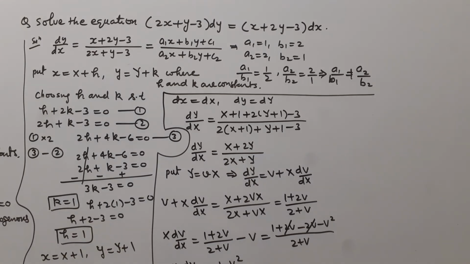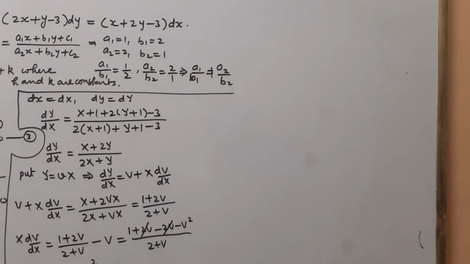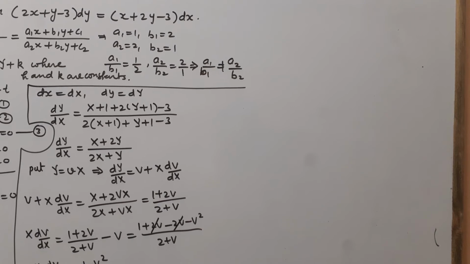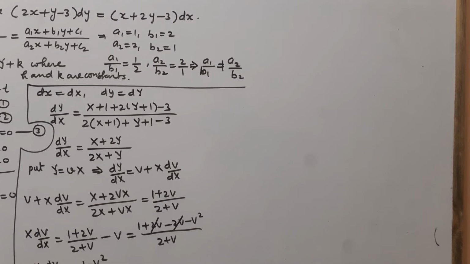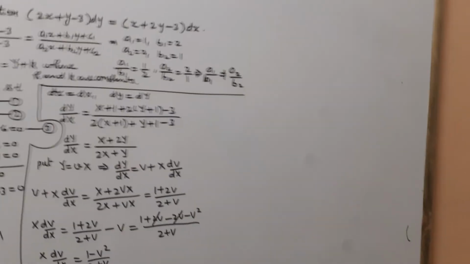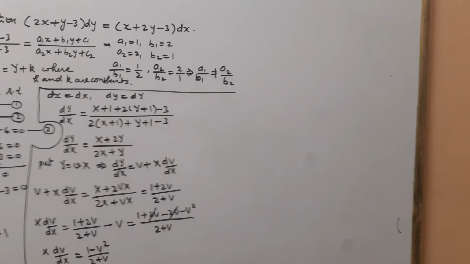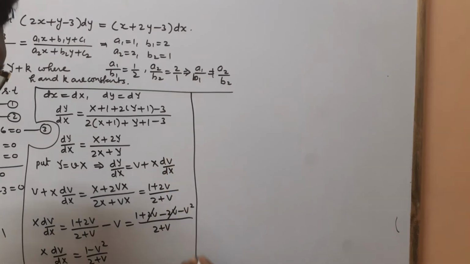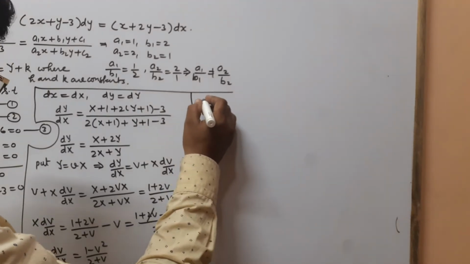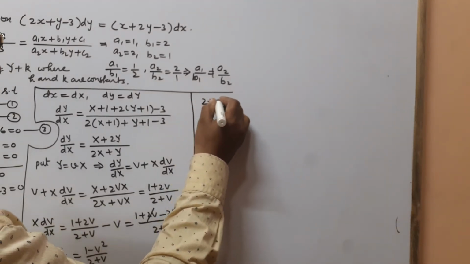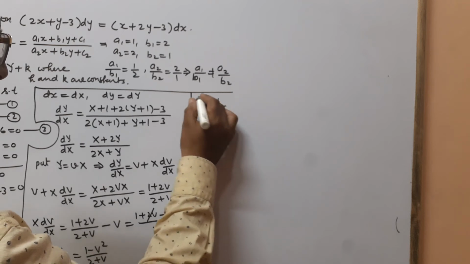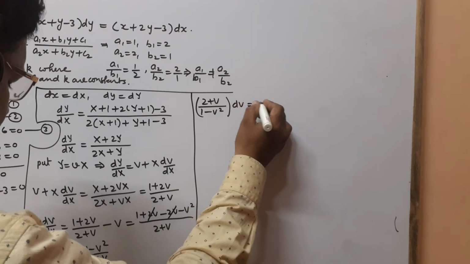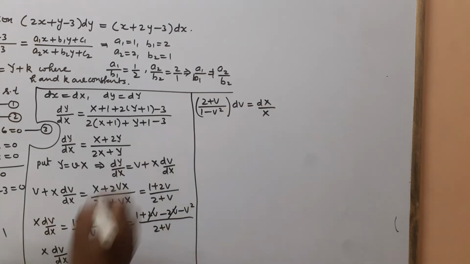Now we convert this equation into variable separable form. We can see this can be written as 2 plus v divided by 1 minus v square dv is equal to dx upon x.